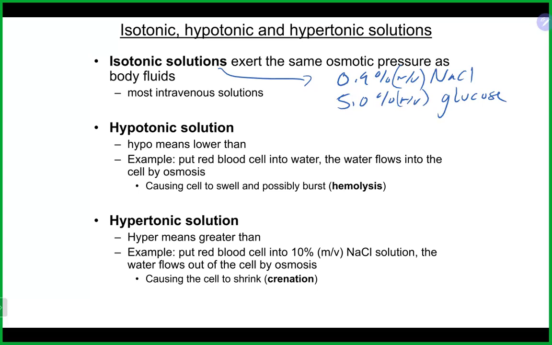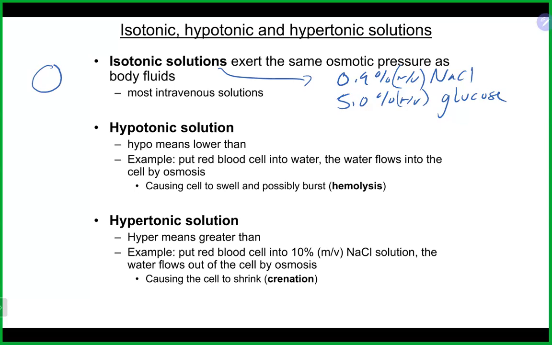Those numbers are important to know because either the solution is those numbers and they're isotonic, or they're too high or too low, and then you're in some trouble. Why is it important to have isotonic solutions, perhaps especially when you're given it as an IV? Well, I imagine if you're getting an IV, you're maybe in some issues, so you don't want to cause any more issues.